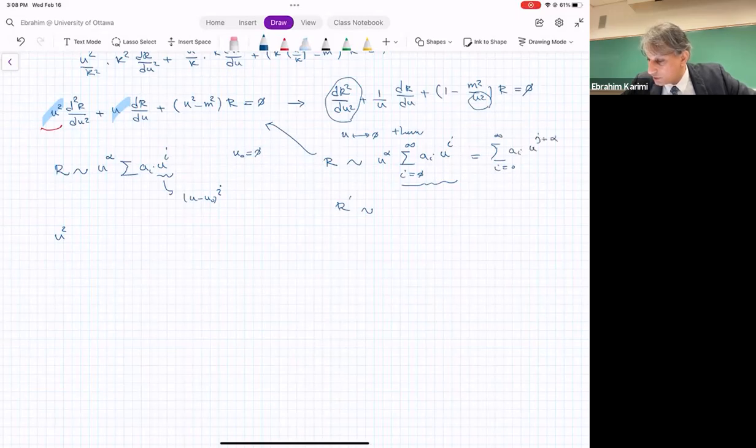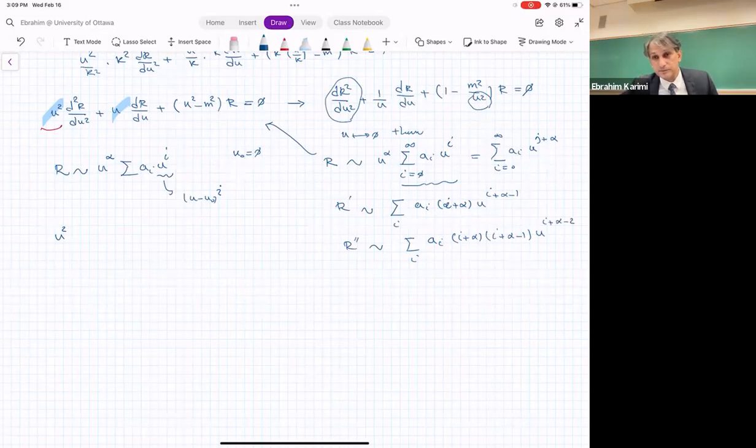So the first derivative will be the summation of a_i (i plus alpha) u to the power of i plus alpha minus 1. And the second derivative will be the summation of a_i (i plus alpha)(i plus alpha minus 1) u to the power of i plus alpha minus 2.